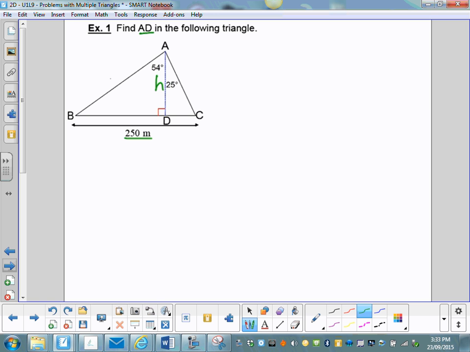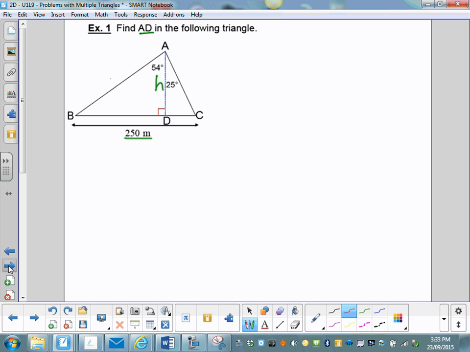And you'll notice that within triangle ABC, we've got two right-angled triangles inside that non-right angle triangle. So let's fill in some information that we can find right away using angle sum triangle theorem.